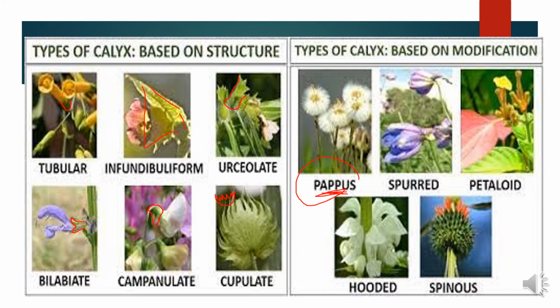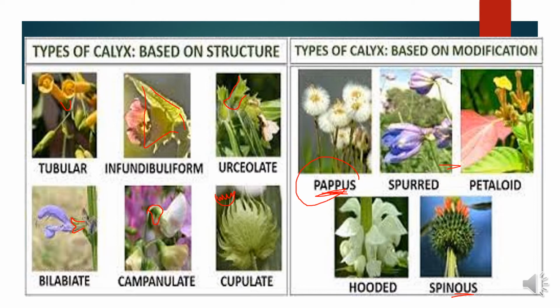Also we see this spinous type of calyx. It is very characteristic of the Lamiaceae family. They have this type of calyx.